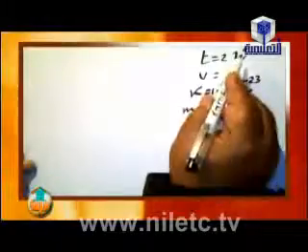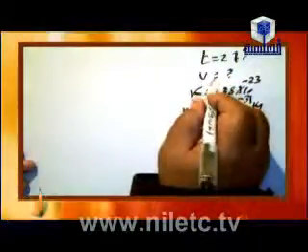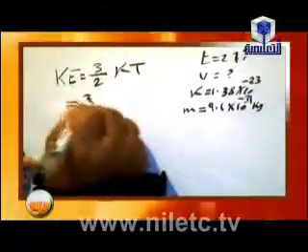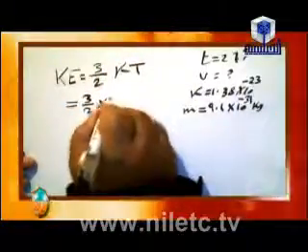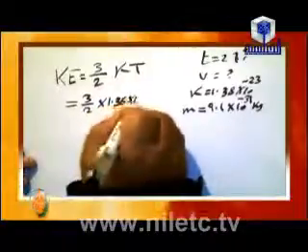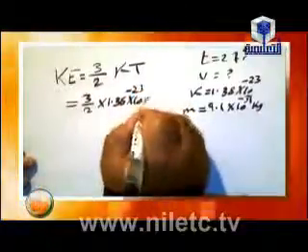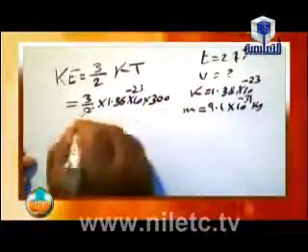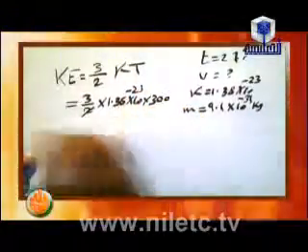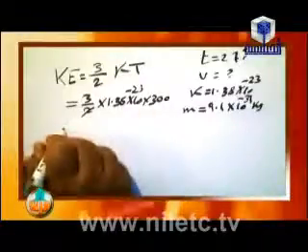We first find the kinetic energy of the electron. KE equals 3/2 kT, which is 3/2 times 1.38 times 10 power negative 23 times 300. We can find the kinetic energy of the electron.